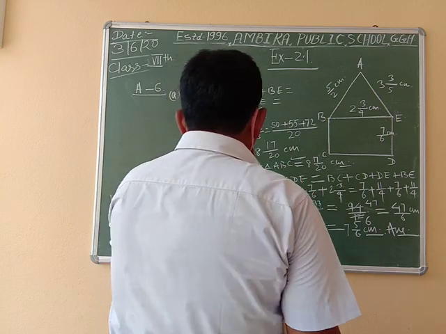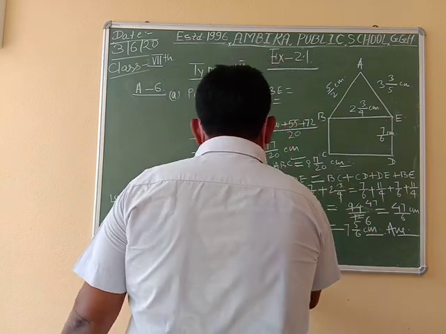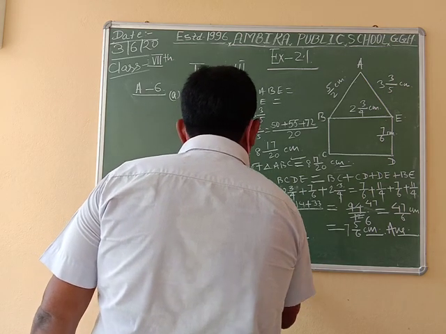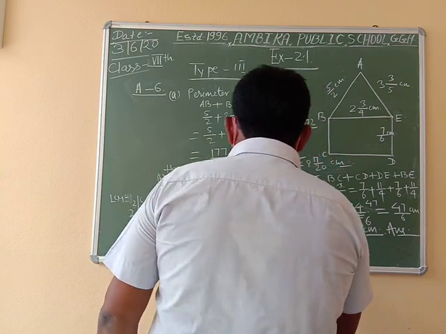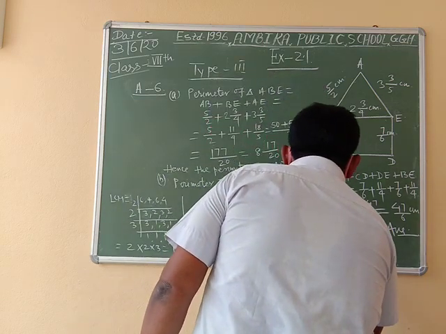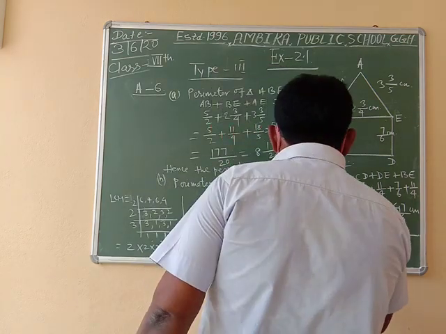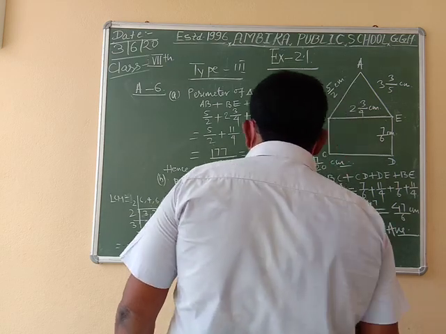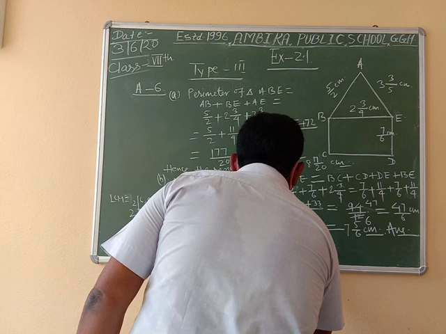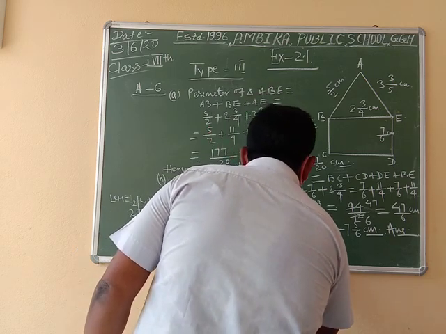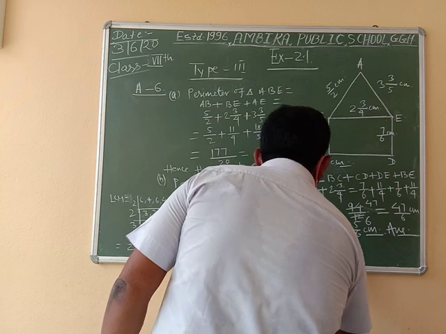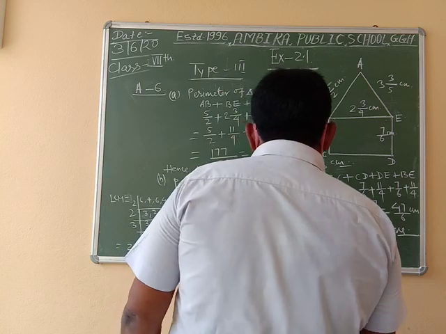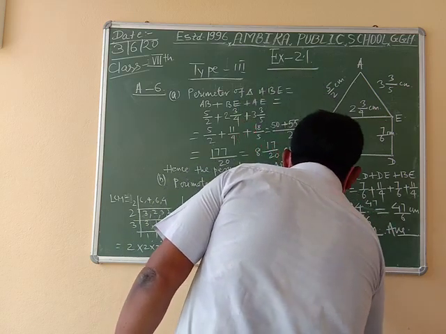177 by 20, 47 by 6. 47 into 20 is equal to 940.